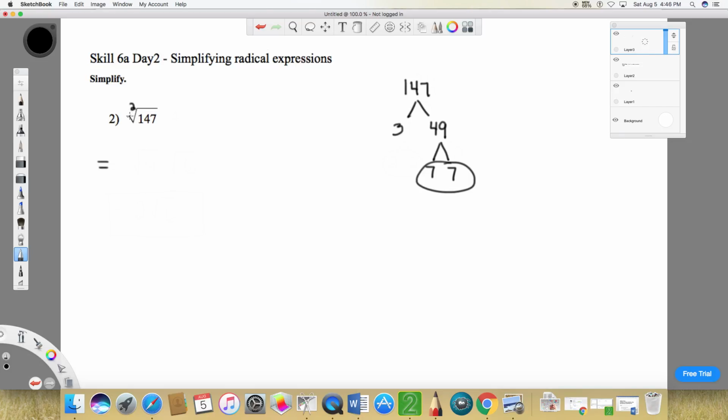So we know that the square root of 147 is the same thing as the square root of 49 times the square root of 3. And the square root of 49, we know that we have a pair of 7s as factors, so that simplifies to 7. So there's our answer for number 2.